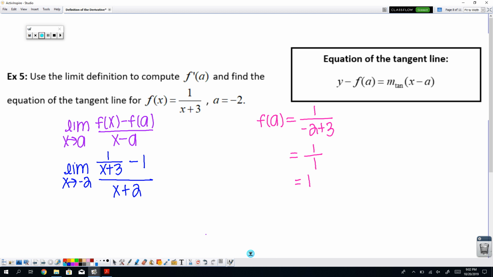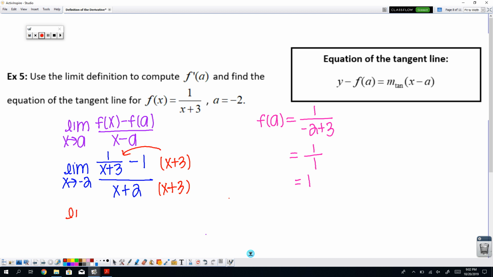Okay? Now I know how you guys feel about complex fractions, but we're just going to have to deal with it. We're going to have to get good at this. So we're going to multiply by x plus 3, on the top and on the bottom. Now we're going to distribute here, and they cancel.